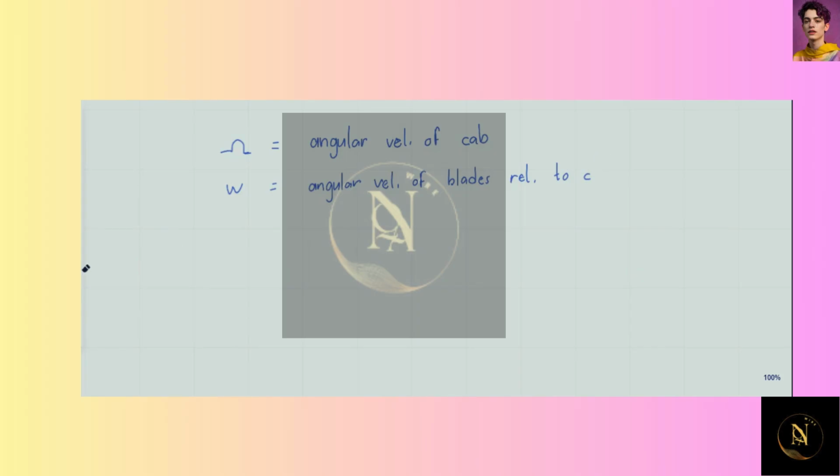So that's the angular velocity of the blades relative to the cab, and so the absolute angular velocity of the blades is capital omega plus little omega. And we'll come back to this later on.